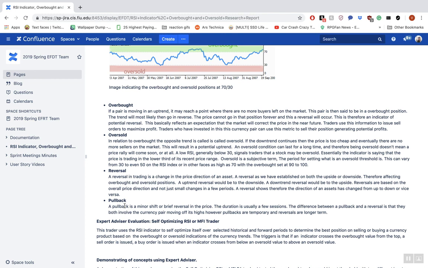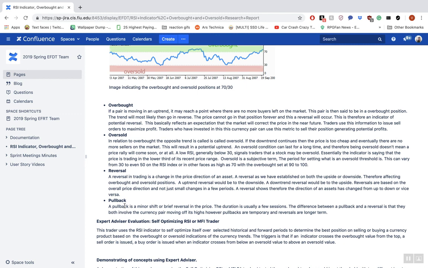An important point to note between reversal and pullback is that a pullback is a minor shift or brief reversal in the price that usually lasts a few sessions or periods. A reversal is the change in direction of the asset, a major shift from up to down or vice versa.